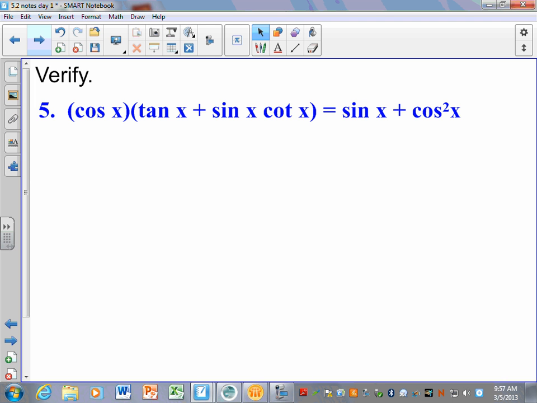And again, there's lots of ways to start this, but my advice to you is, which side do you want to start with first? I would choose the left side. It definitely looks like there's more work to be done. And what do you think would be a good first step on the left side?